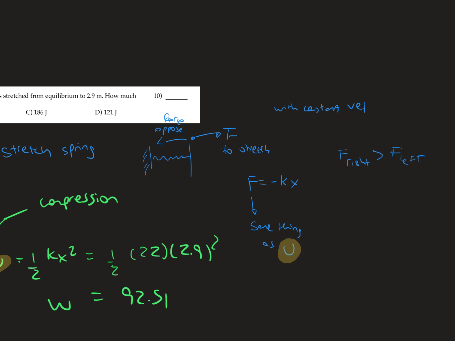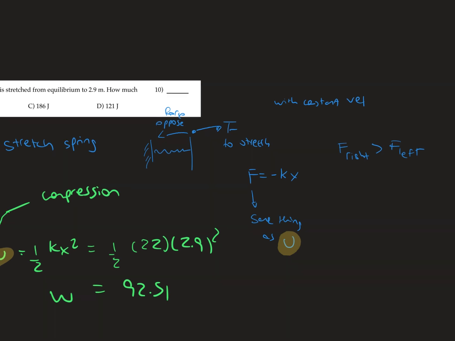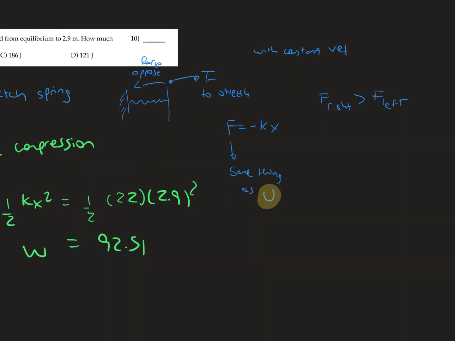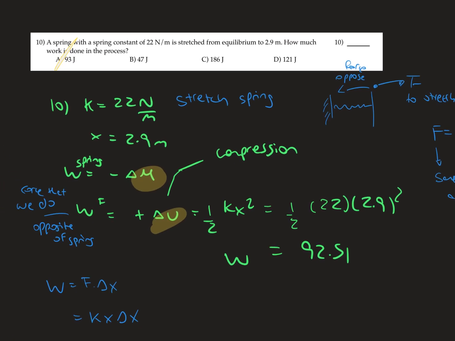Another piece of information is that this is going to be at constant velocity. So we represent the force as negative kx. In this case, F is going to be U. But what is U? Negative delta U is going to be the work of the spring.